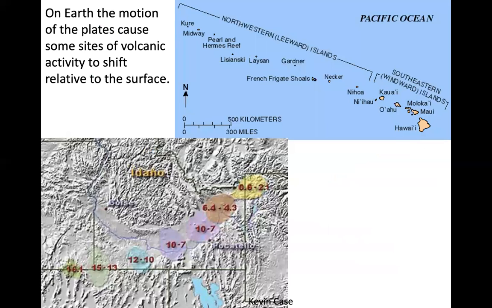The classic example of that is Hawaii. Hawaii is a major volcano on the Big Island of Hawaii that corresponds to a deep hotspot that is causing rock to melt and move towards the surface.